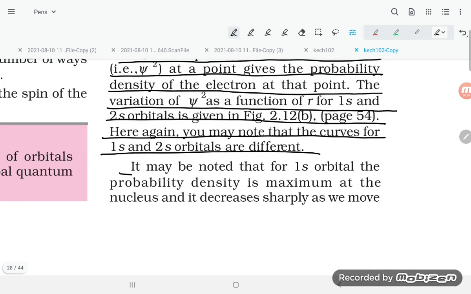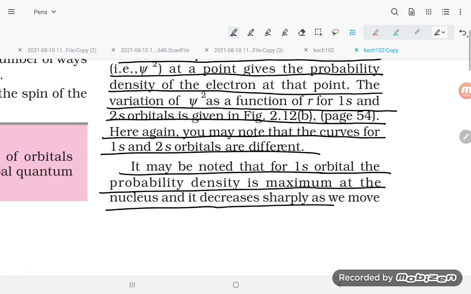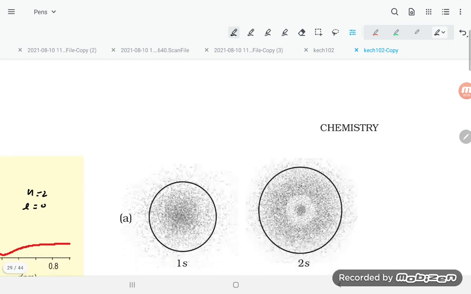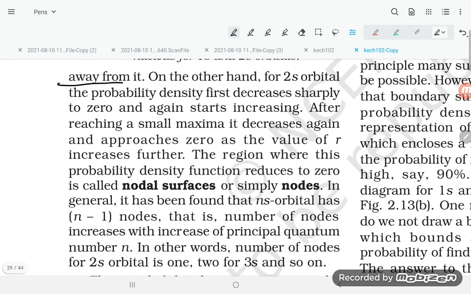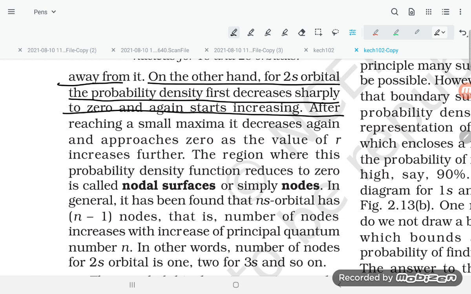They are saying it may be noted that for the 1s orbital, the probability density is maximum at the nucleus and it decreases sharply as we move away from it. On the other hand, for the 2s orbital, the probability density first decreases sharply to 0 and again starts increasing.